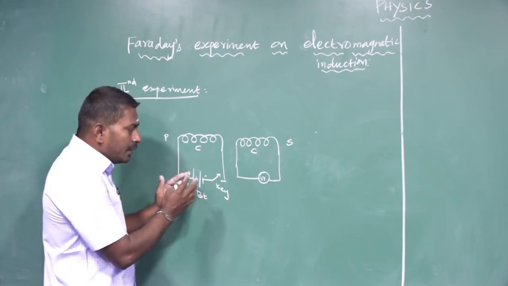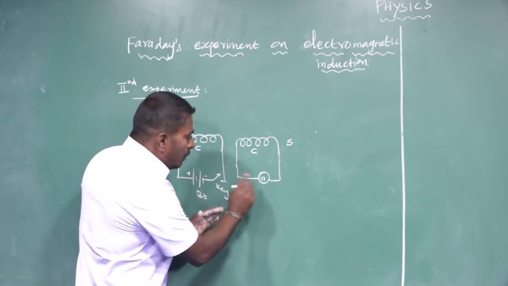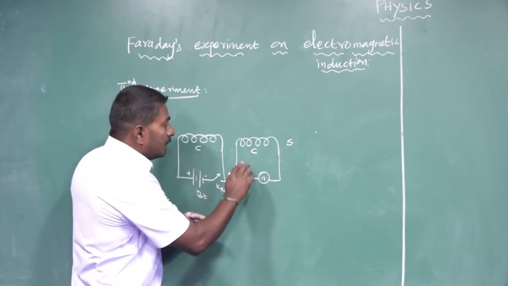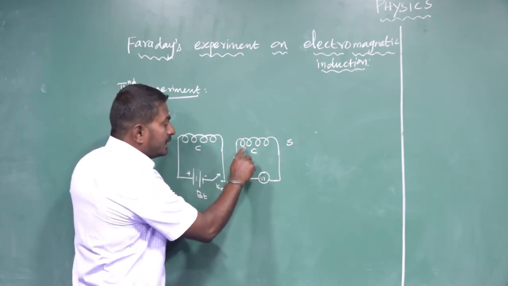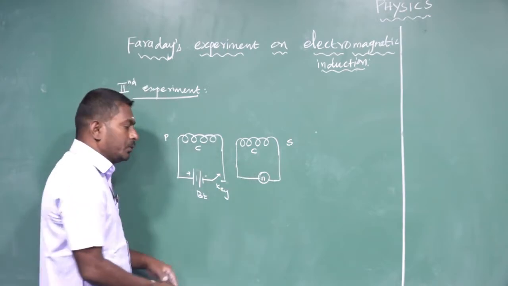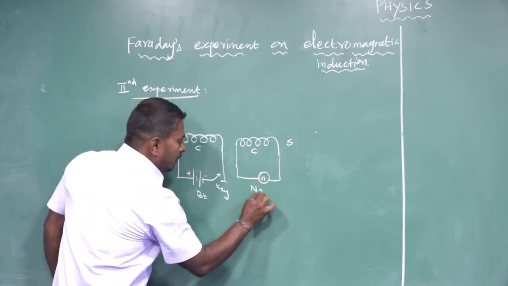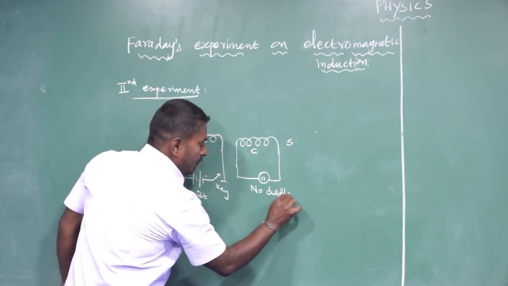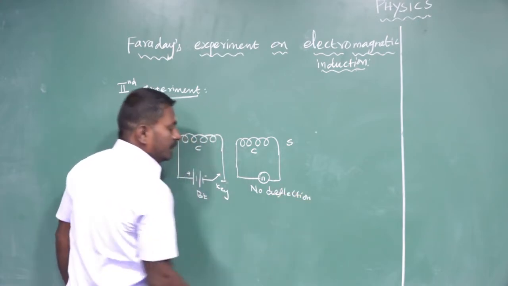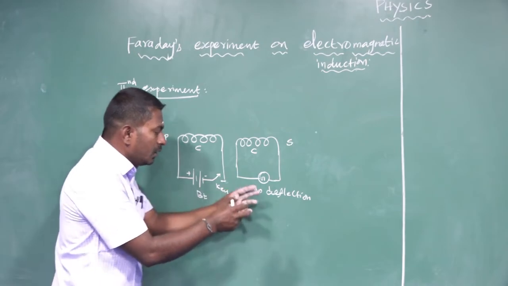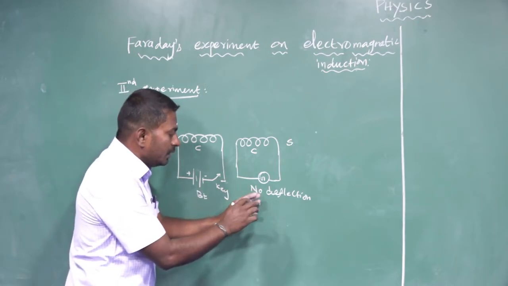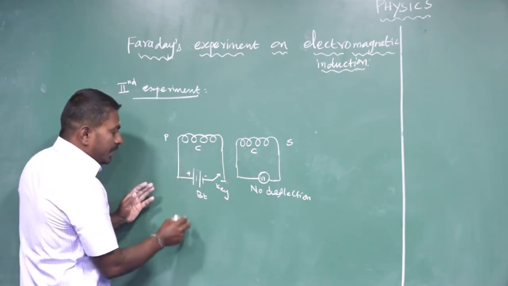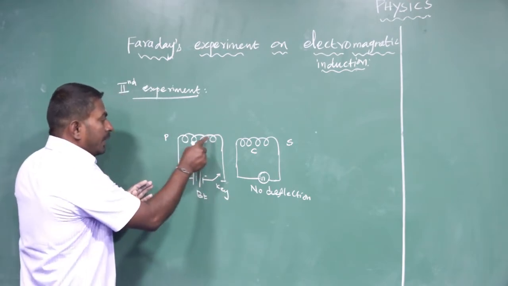In this case, we notice the galvanometer does not show any deflection, which indicates that no electric current is set up in the secondary closed circuit. No deflection. Why?